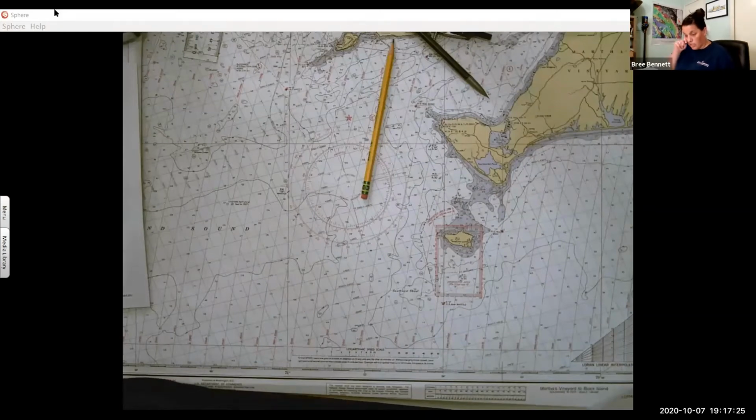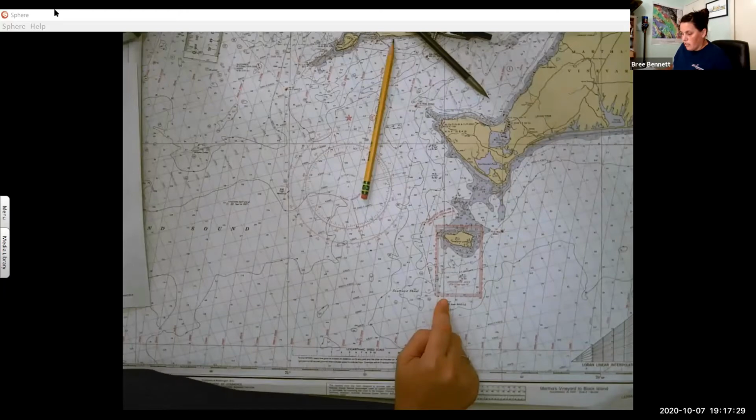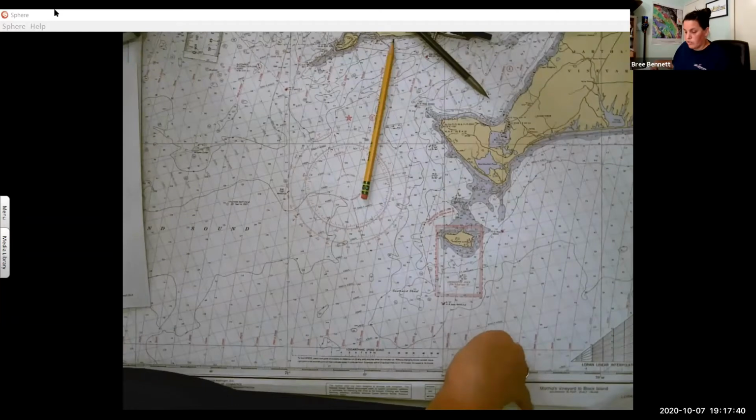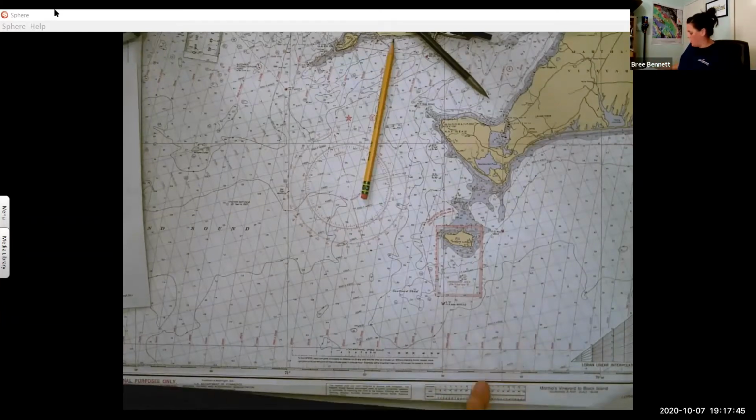It tells us we are southwest of No Man's Island at 8 o'clock. Describe the buoy that we see at latitude 41 degrees, 12.2 north, longitude 070, 50 west.